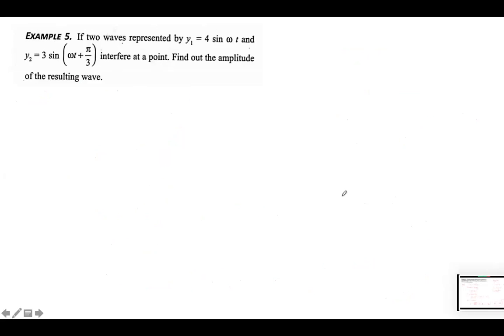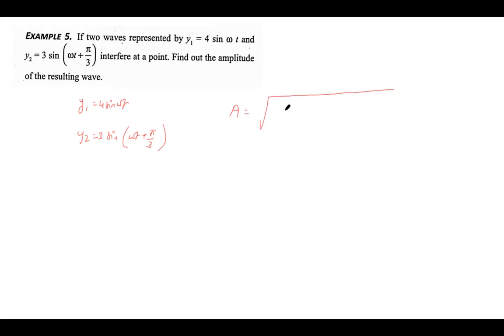Next question is, if two waves represented by y1 is equal to 4 sine omega t, y2 is equal to 3 sine omega t plus pi by 3. a1 जो पहले वाले का एम्पलीट्यूड 4 हो गया, दूसरे वाले का 3 हो गया. हम लोग को फाइंड आउट द एम्पलीट्यूड ऑफ द रिजल्टिंग वेव. a इज इक्वल टू, हम लोग का फॉर्मूला है रूट अंडर a1 स्क्वायर प्लस a2 स्क्वायर plus 2a1 a2 cos phi.